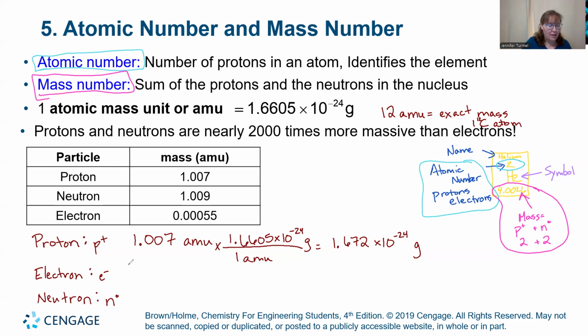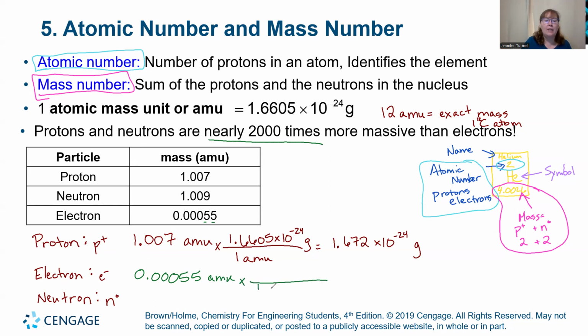Okay, so that math for the electron. With the electron here, I actually have only 2 significant figures listed. And so that would be 0.00055 AMUs. And notice that protons and neutrons are about 2,000 times heavier than electrons. These are quite small.